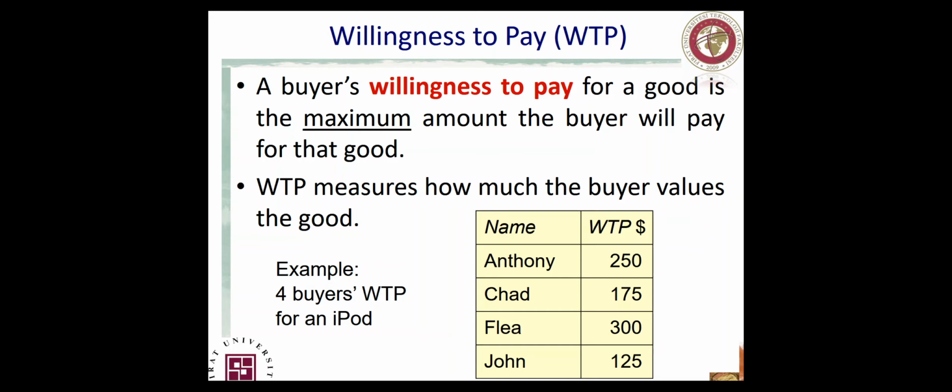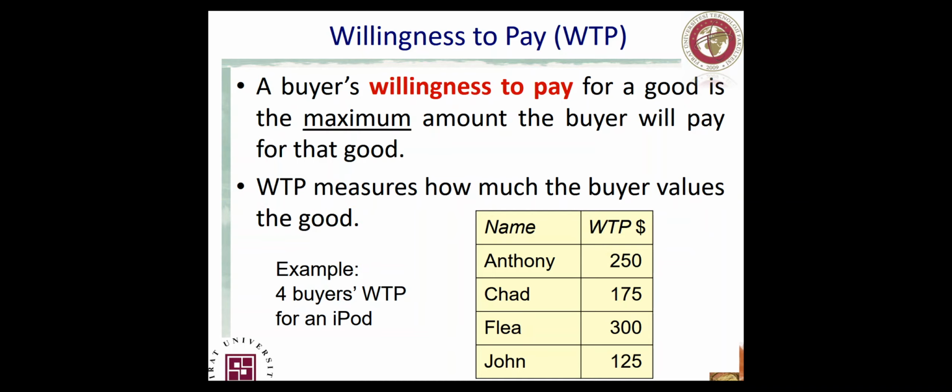So what is the willingness to pay? In simple words, it is the maximum amount that a buyer, the one demanding the good or service, will pay for it, or the maximum price that the buyer is willing to pay for a product or service.